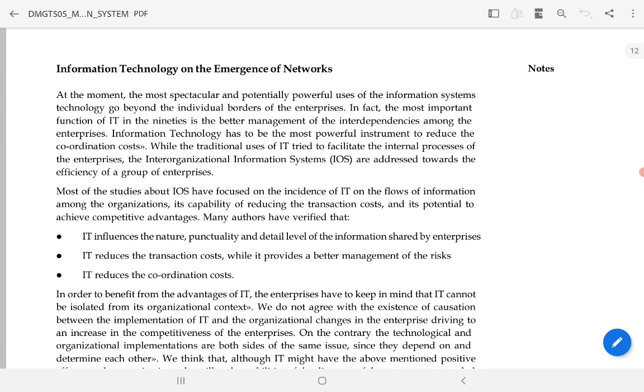IT influences the nature, punctuality and detail level of information, and reduces transaction costs by using large networks and information systems. IT plays a vital role in reducing costs, coordination costs and transaction costs for taking better management decisions.